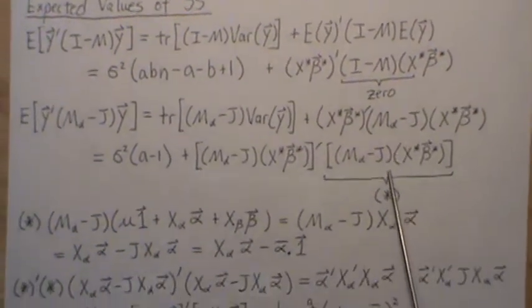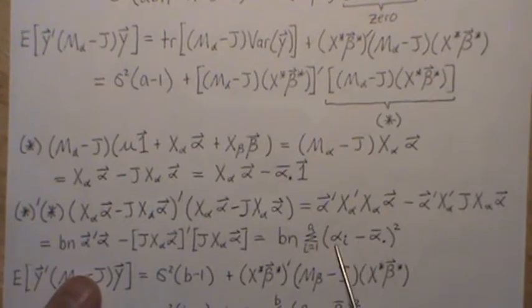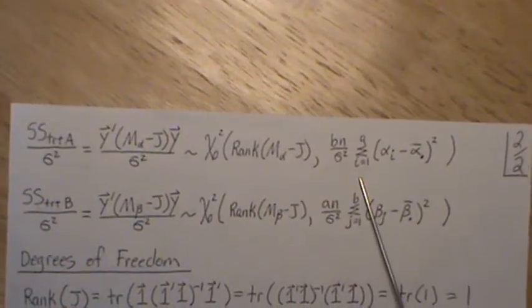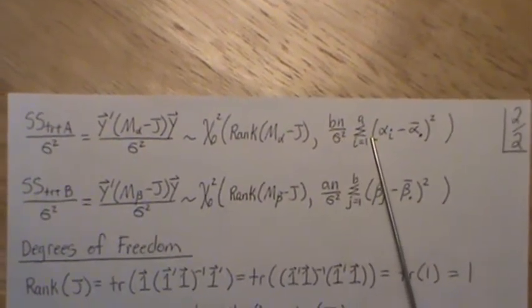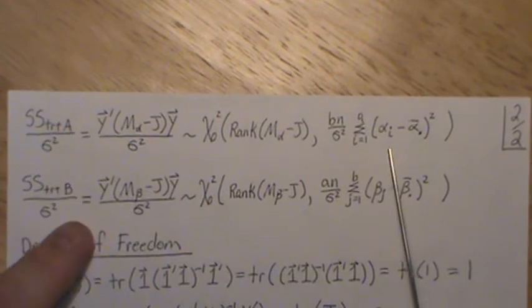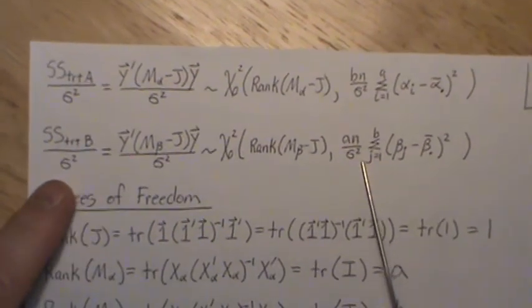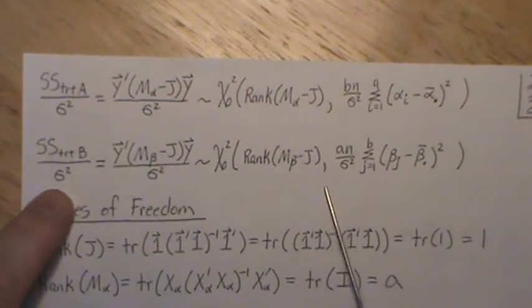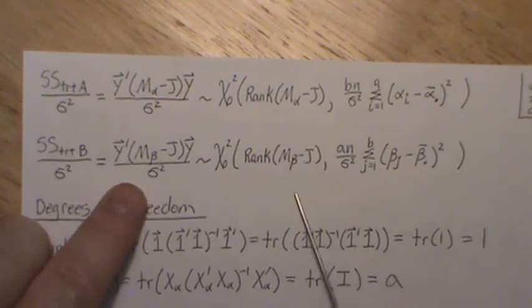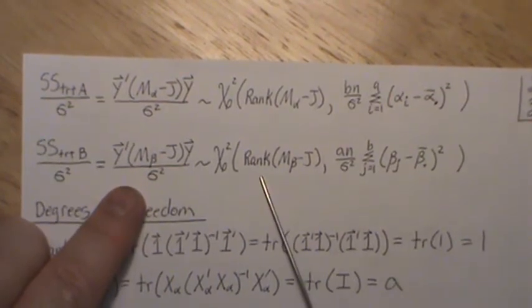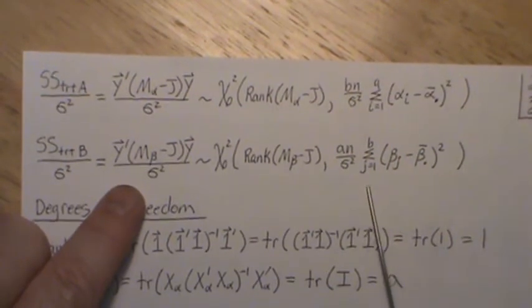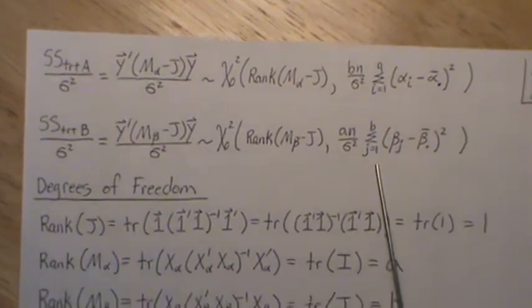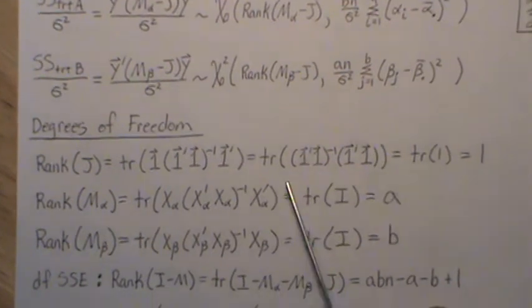And then we showed that is this. And that's why this is in the non-centrality parameter. So this is the rank, this is the non-centrality parameter. Then you can show that the sum of squares for treatment B over sigma squared is a non-central chi-squared with rank this, non-centrality parameter this. And for this formula, the derivations are on the previous page.